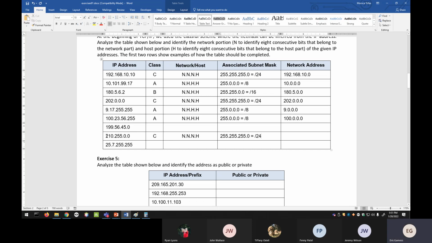If you do a bitwise AND on this IP address with this net mask, you keep the first 3 bytes as they are. So I'm going to keep 210, 255, and 0 as they are. And the last byte, I'm going to put it to 0.